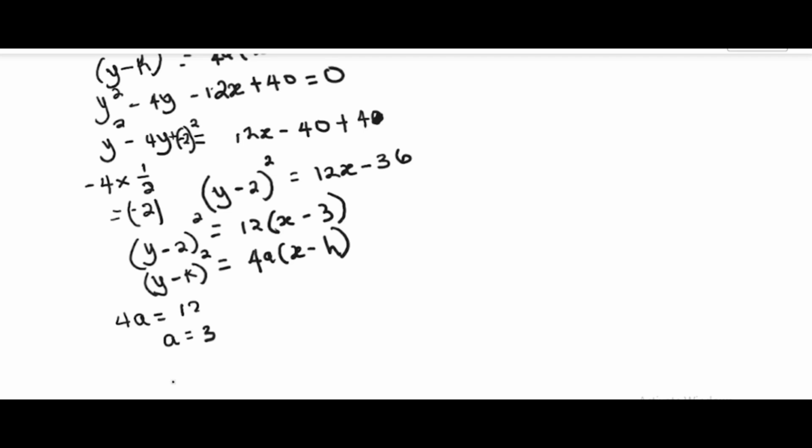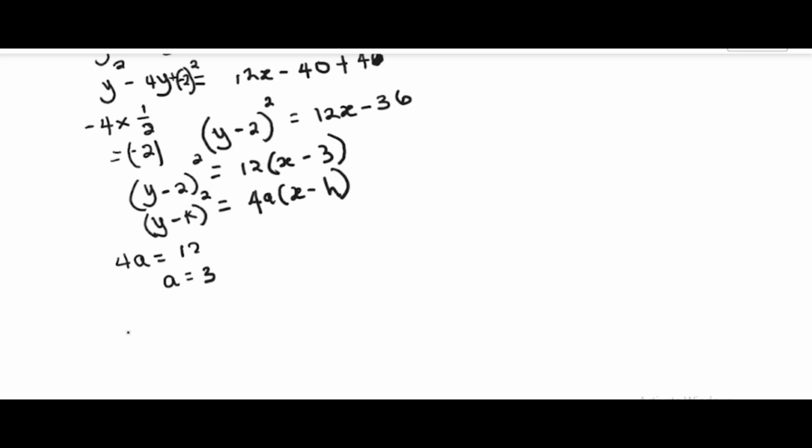So having obtained our focus, the next thing will be our vertex, because we are asked to find the vertex. So minus k is equal to minus 2, comparing the two brackets. Minus k is equal to minus 2. That means k is 2. In the same vein, minus h is equal to minus 3. That means h is 3.